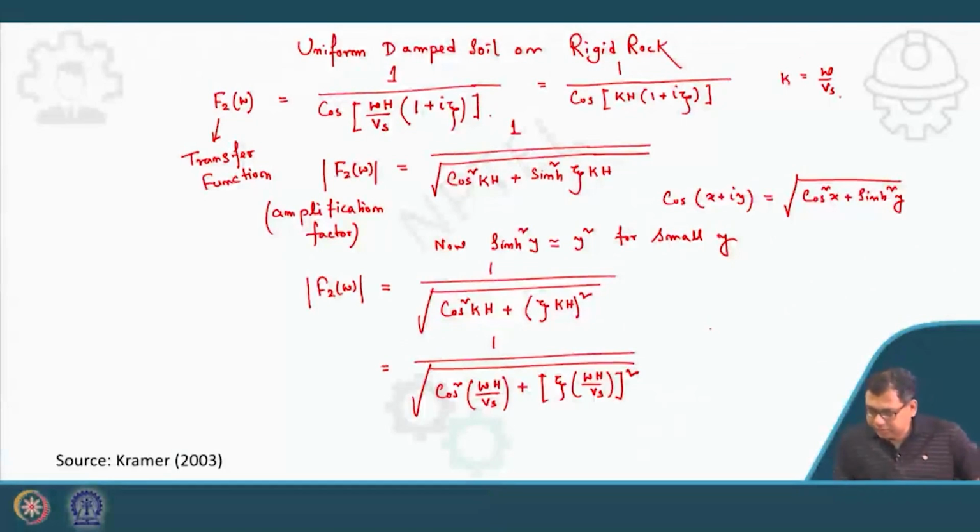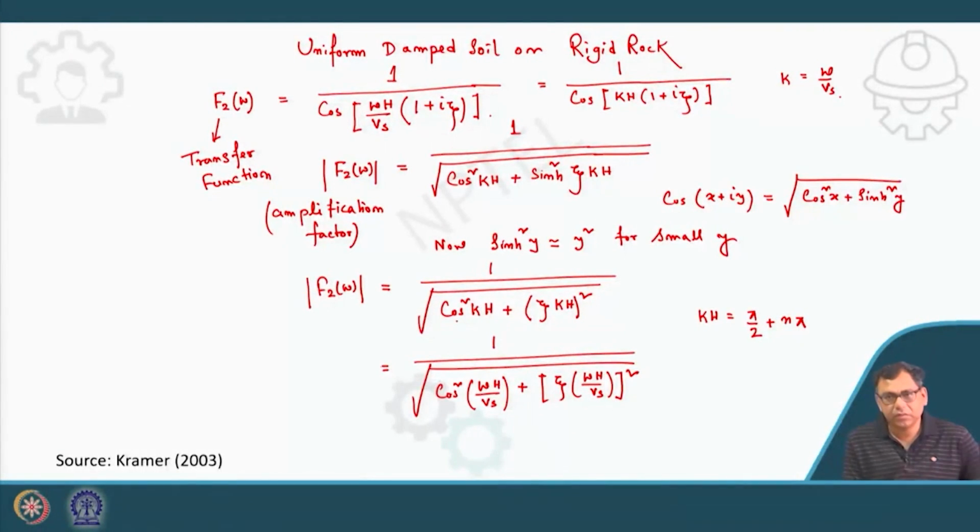Again here also, if I put kh as pi by 2 plus n pi, like the previous case, but here the modulus of the amplification factor will never be infinity because of this damping part.